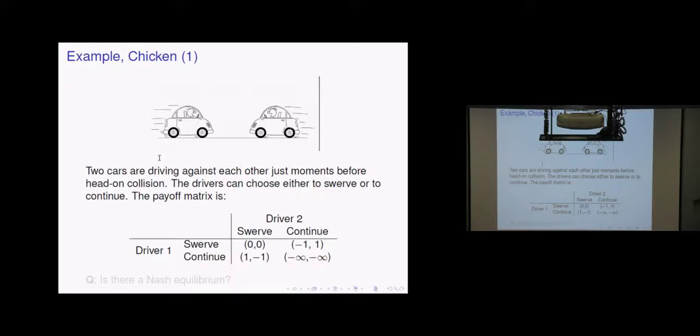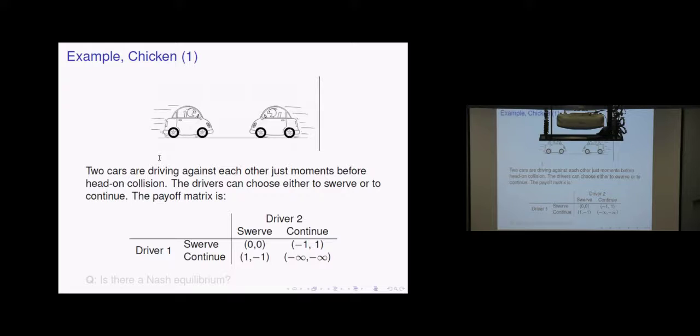So the first example is called the game of chicken. There are 2 cars driving against each other, and it tests who is going to make a turn. The setup is this: there are 2 drivers, and the strategy available to them is either to swerve or to continue.